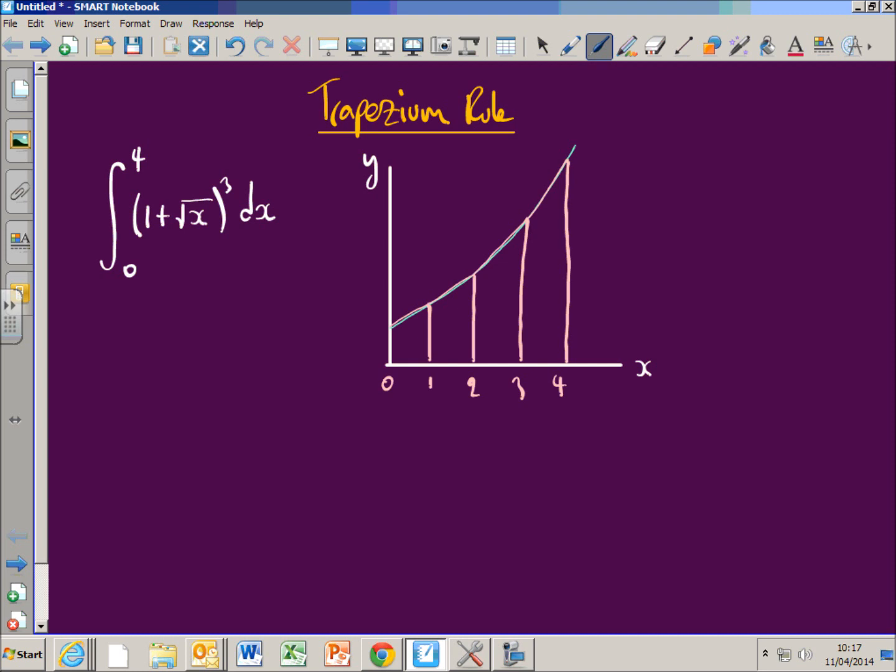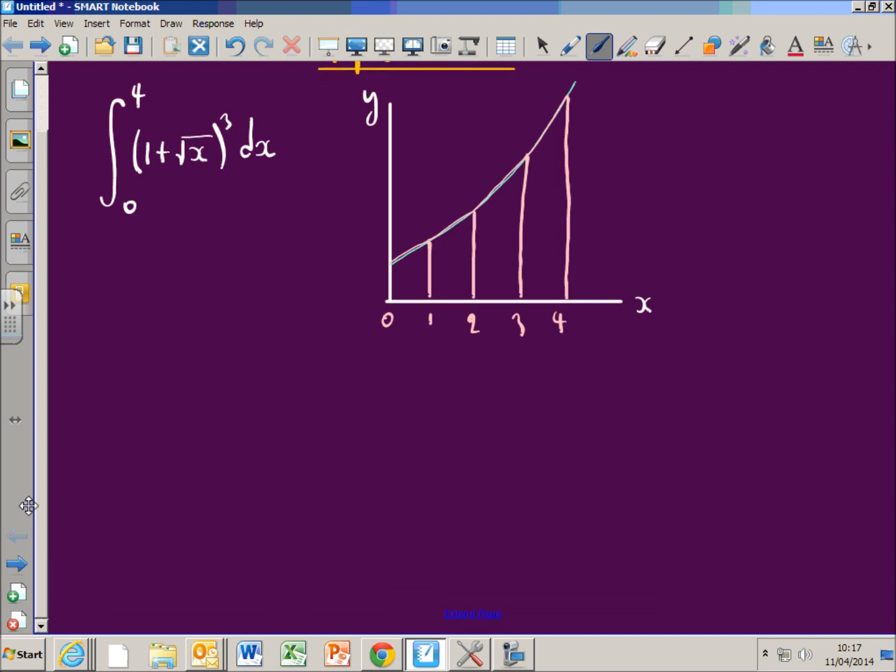So what I'd like you to do is use the trapezium rule to find an approximation for the area under the graph. Do you want me to write down the trapezium rule? I better do that. The trapezium rule is quite an easy rule to prove. If you tried it yourself, what's the area of this trapezium here?